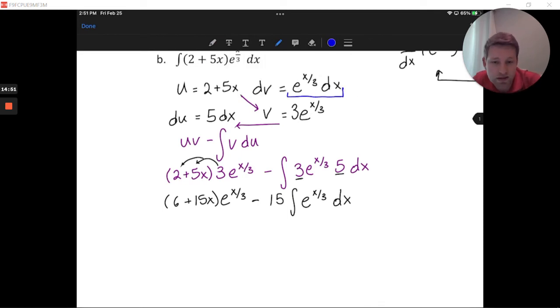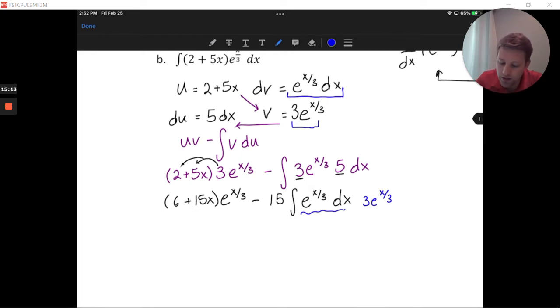And we actually found its antiderivative to be 3 times e raised to the x over 3. So I can use that result and say this component is just going to be 3e raised to the x over 3. That's what that component's going to have to be.